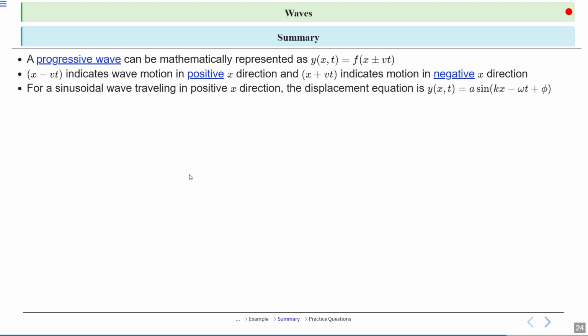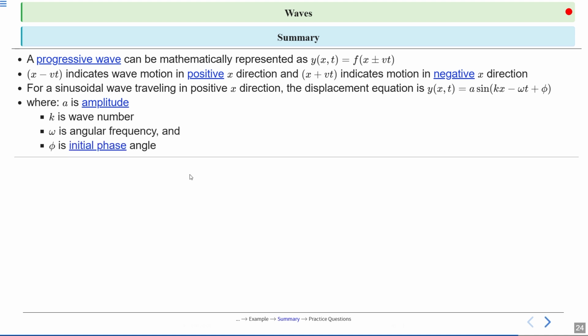For a sinusoidal wave traveling in the positive x direction, the displacement equation is y of x, t equal to A sine kx minus omega t plus phi, where A is the amplitude, k is the wave number, omega is angular frequency, and phi is the initial phase angle.